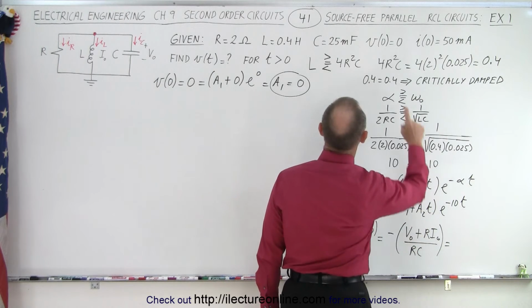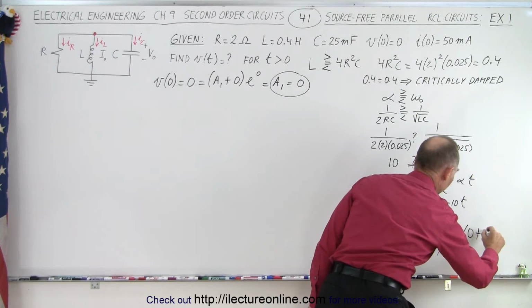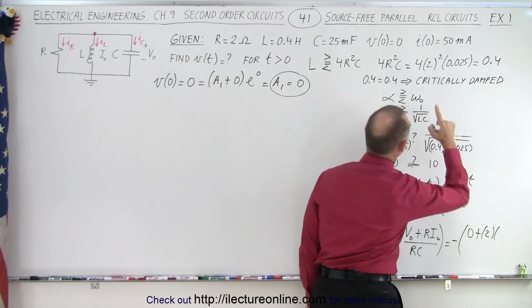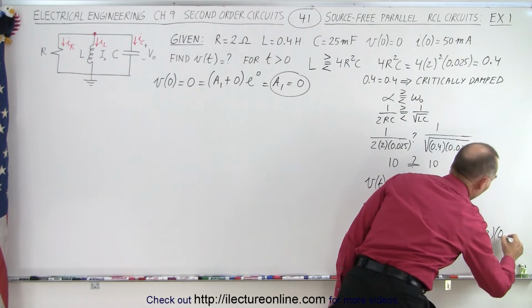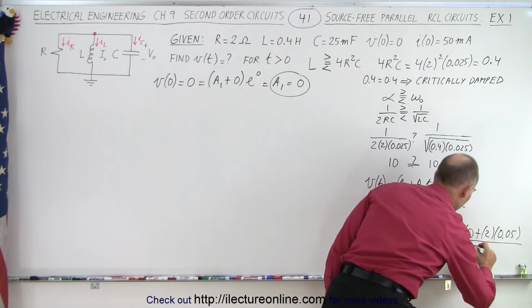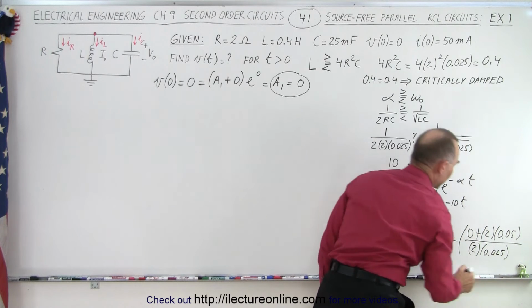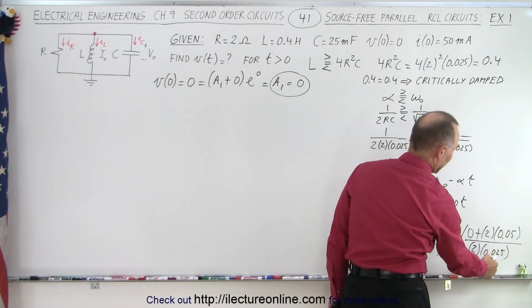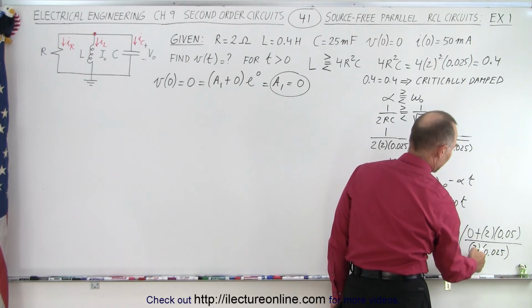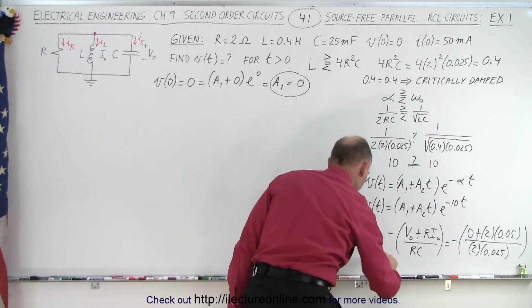The initial voltage was 0, so this is minus 0 plus the resistance 2 times the initial current, 0.05, divided by R, which is 2, times C, which is 0.025. This divided by that is 2, so 2 divided by 2 is 1, so that would be equal to minus 2.